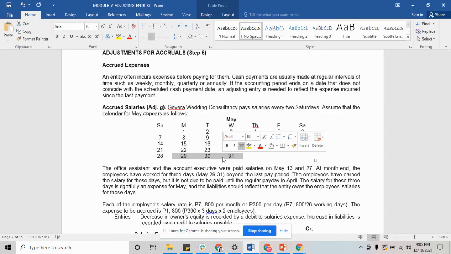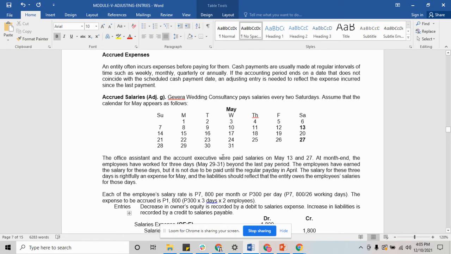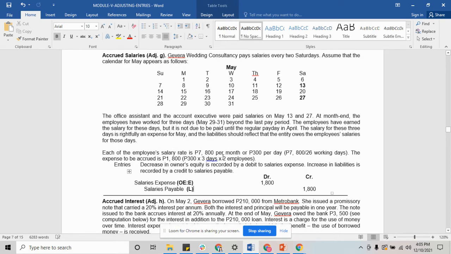Pero dahil expense to na-incur mo sa May, yung liabilities mo, yung utang mo sa empleyado mo, should reflect in the financial records ng May. Paano mo siya ngayon i-compute at i-entry? So each of the employees' rate is 7,800 per month or 300 per day.